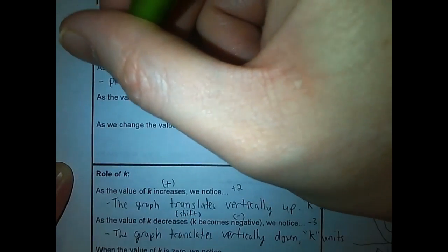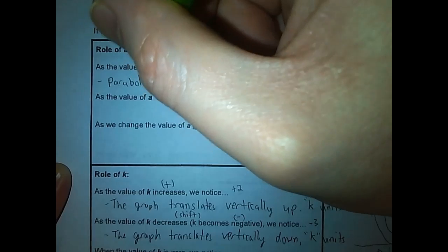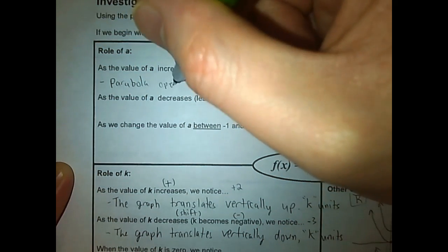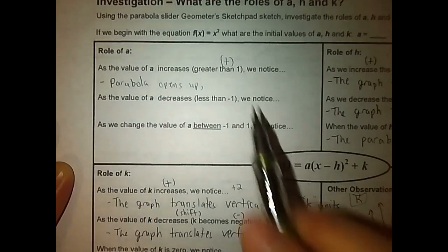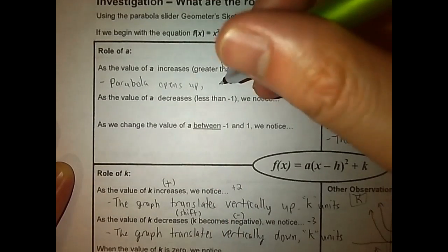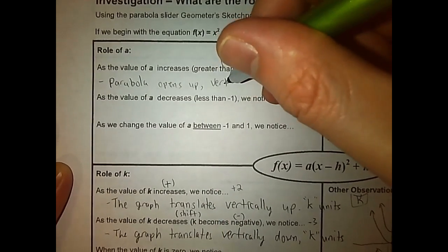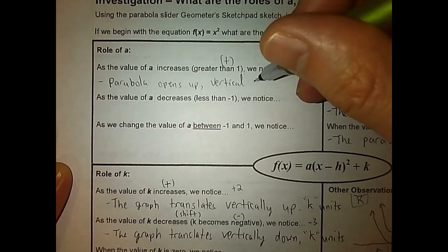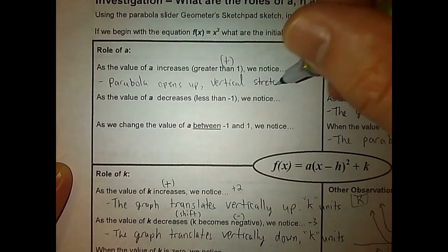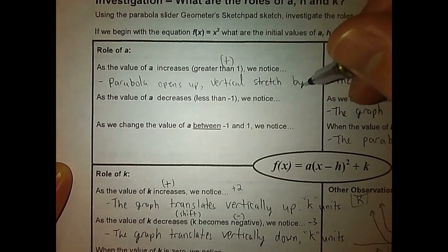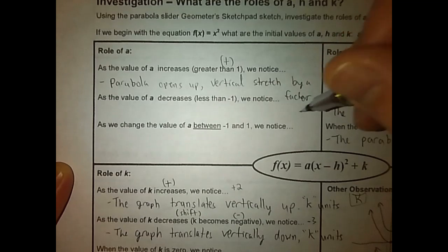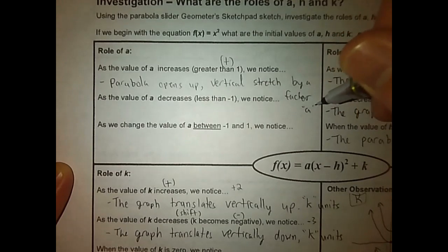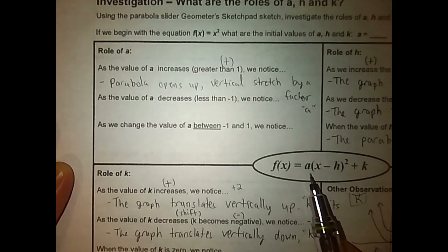The parabola opens up, and because we have a number greater than 1, we have something called a vertical stretch by a factor A, and whatever the A value is, that's going to be our factor.